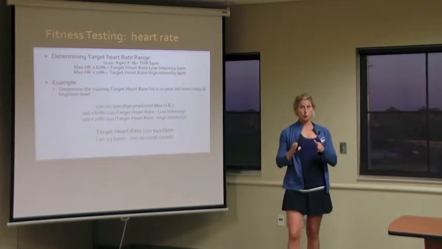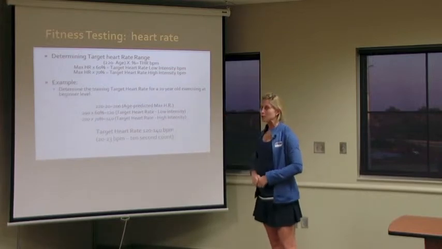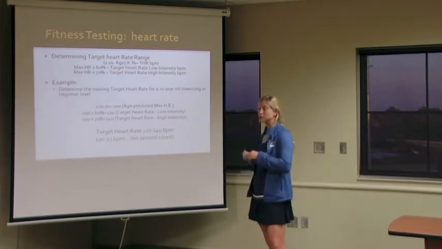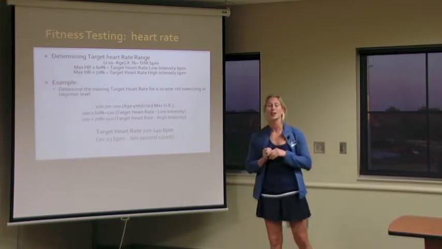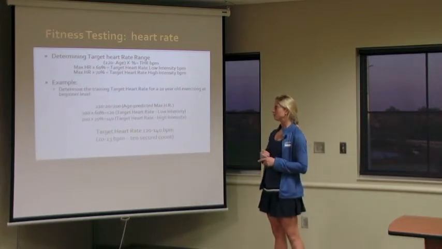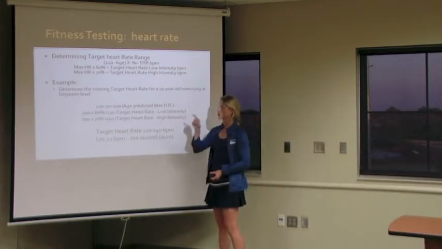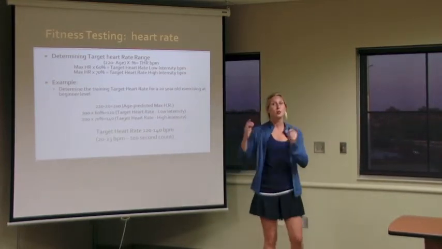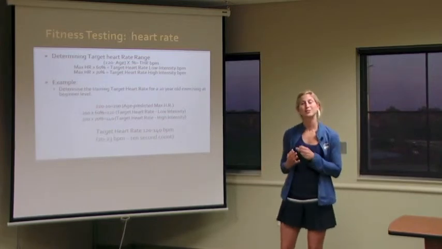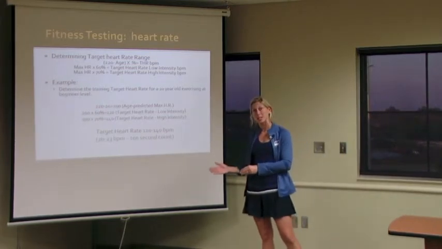And if you remember from probably 7th grade math, if you multiply by a percentage, you want to multiply 200 by 0.60. Same thing with the 70%. Those two numbers are going to give you your target heart rate range. So this 20-year-old beginner wants to work out between 120 and 140 beats per minute.